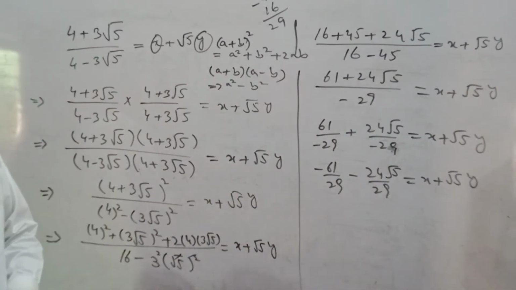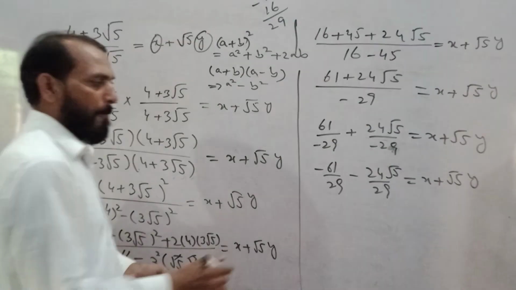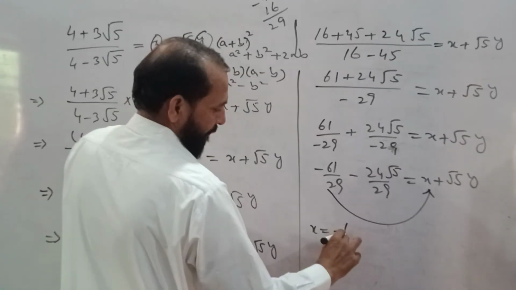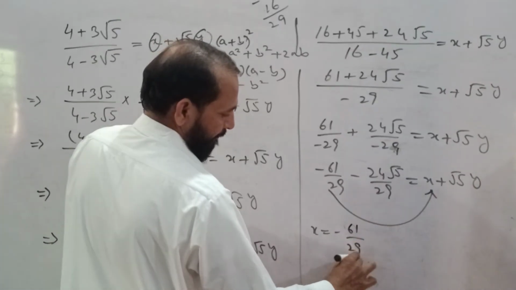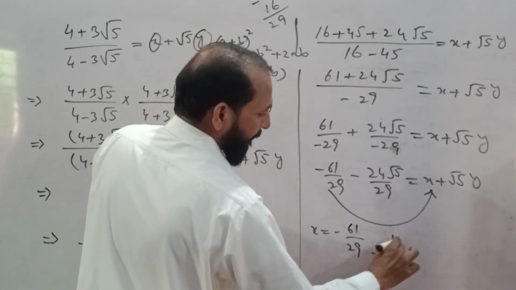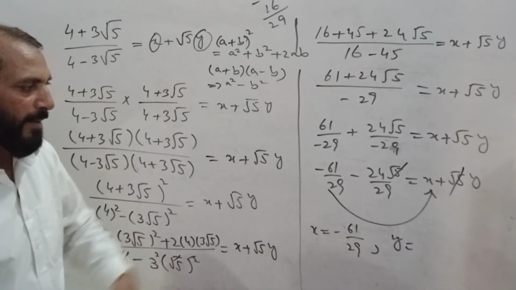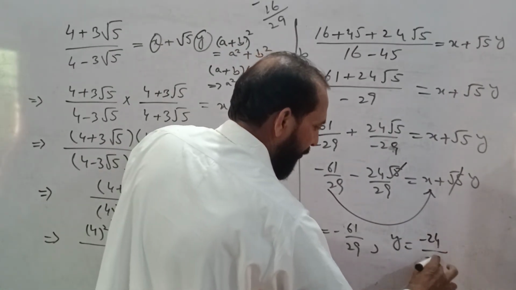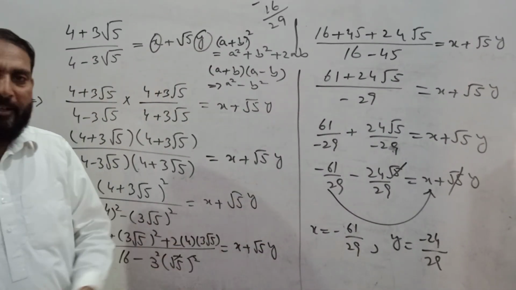After this we have the comparison because we have to find the value of x. So this will give the value of x and y. This will be cancelled, and y is equal to negative 24 over 9, which is the final result.